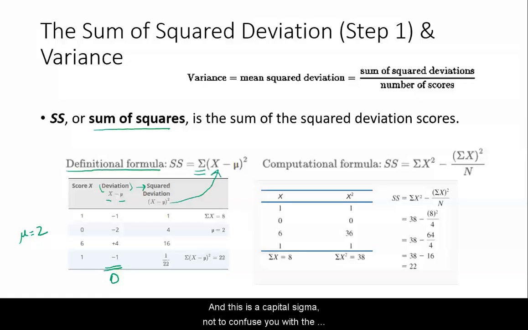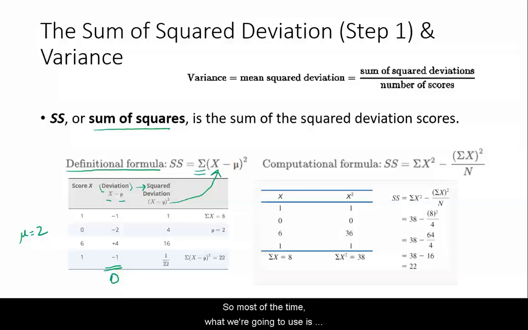This is a capital sigma, not to be confused with the lowercase sigma, which is the symbol for variance. It's great, isn't it? Then we add up all those squared deviations, and that gives us a total variance. Now, that is going to get tedious when we have 100 or 200 or 1,000 subjects.